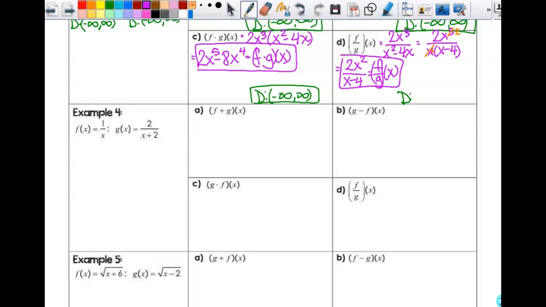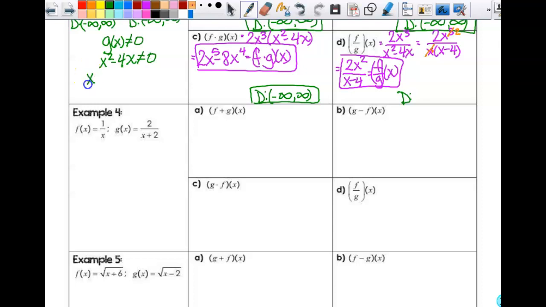Now, to revisit my quotient, remember, what I divided by, which is g of x, cannot equal 0. I do not care what my denominator is right now. It's g of x. So when I come back over here and I say g of x cannot equal 0, g of x is x squared minus 4x. It cannot equal 0. So basically, I need to solve it like it said equal.